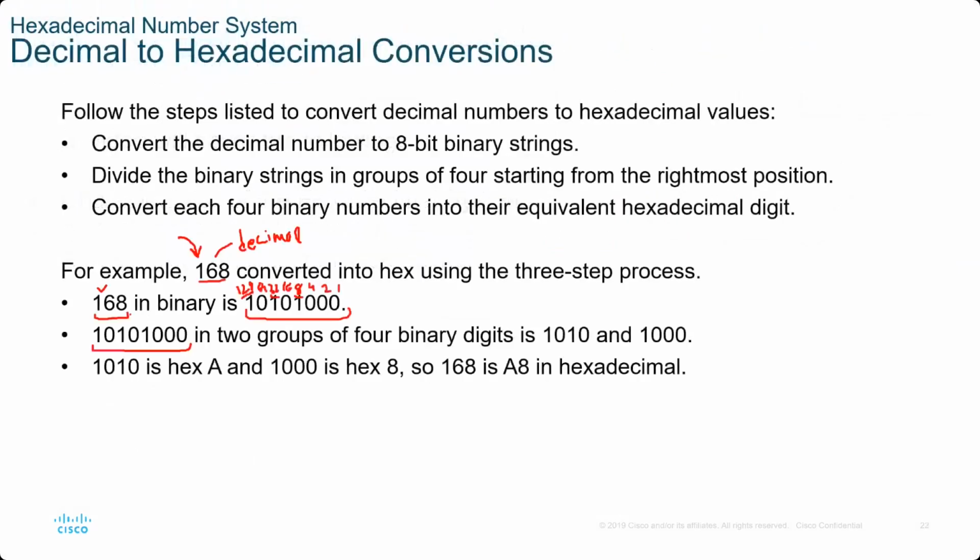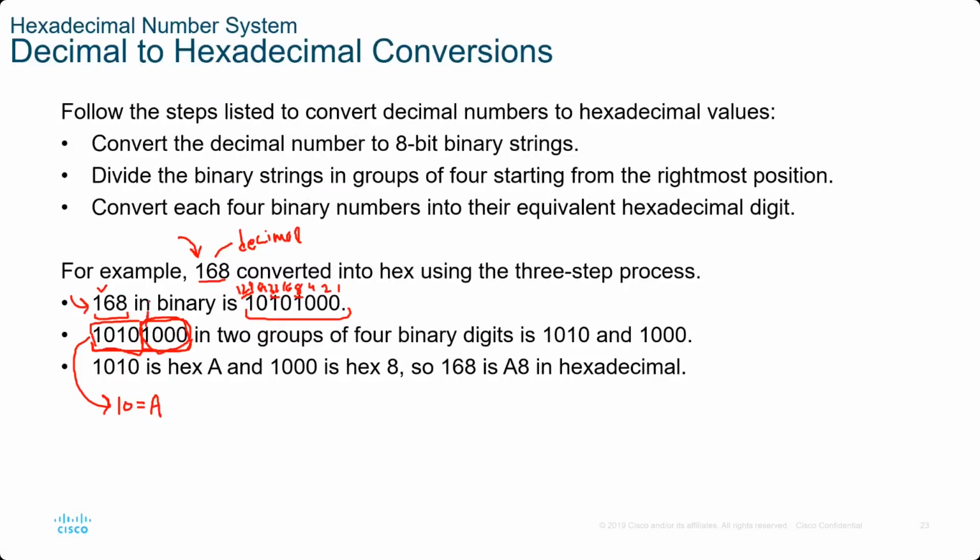So back to this question. 168 is first converted into binary, and once it's converted into binary, just convert it into groups of 4s. So look at these 4 numbers, and then look at these 4 numbers. We just talked about this number. 1010 was equal to 10, which in hexadecimal is actually A. And this 1000, well, it is very easy.